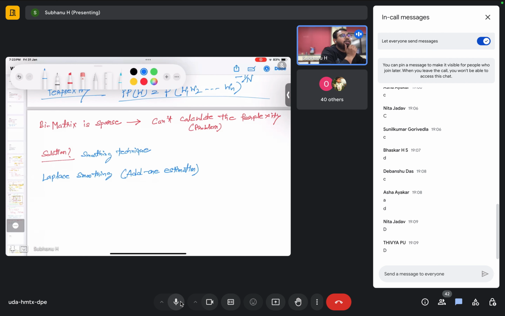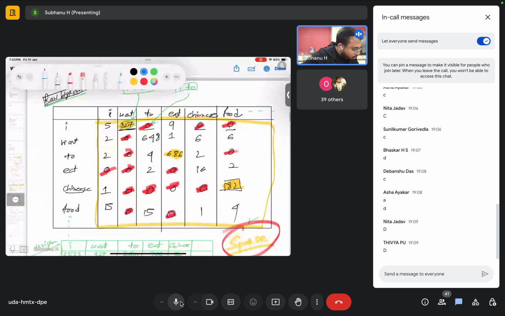If you imagine that we encountered each word one more time than its actual occurrence. Basically, in place of zero, at every place I add one. 5 plus 1, 2 plus 1, 2 plus 1, 0 plus 1, 1 plus 1, 15 plus 1, 827 plus 1, 8, 0 plus 1, 0 plus 1, 0 plus 1.